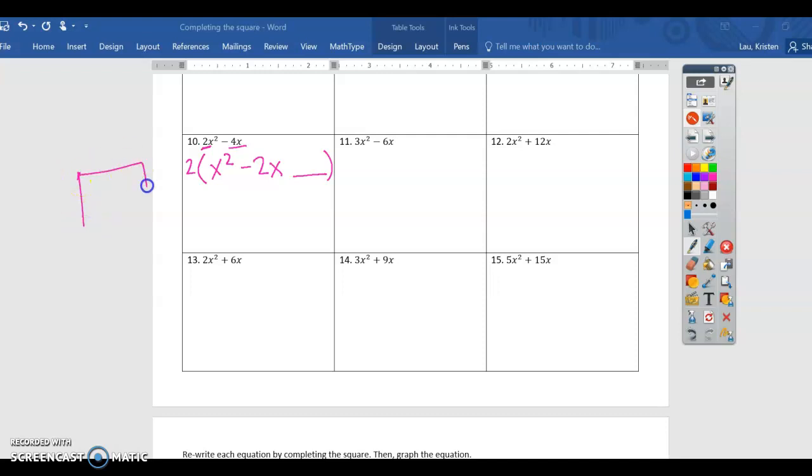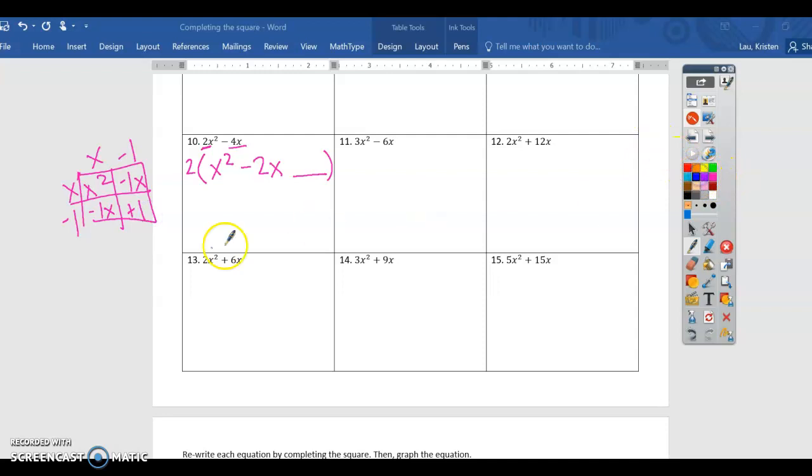Okay, so let's go ahead and complete the square. So we have x squared, and then we have minus 2x. So let's split that up evenly. So that's negative 1x, negative 1x. x times x is x squared. Something times x will give me negative 1x, that's negative 1. Same thing over here. Negative 1 times negative 1 is a positive 1.